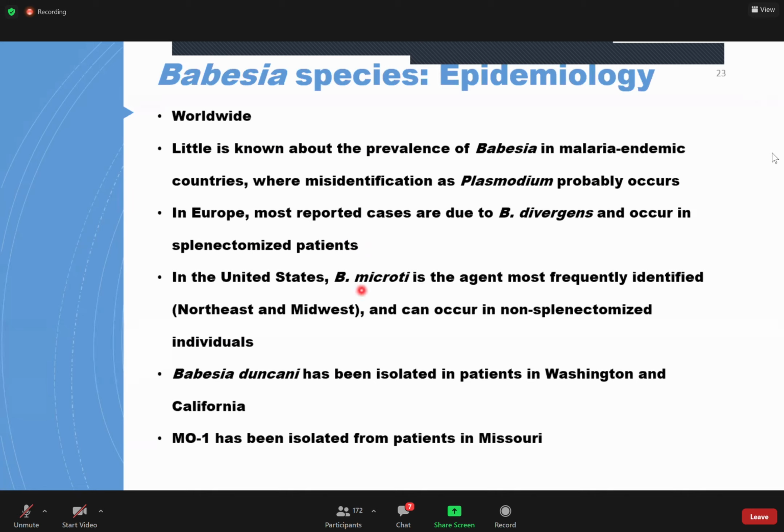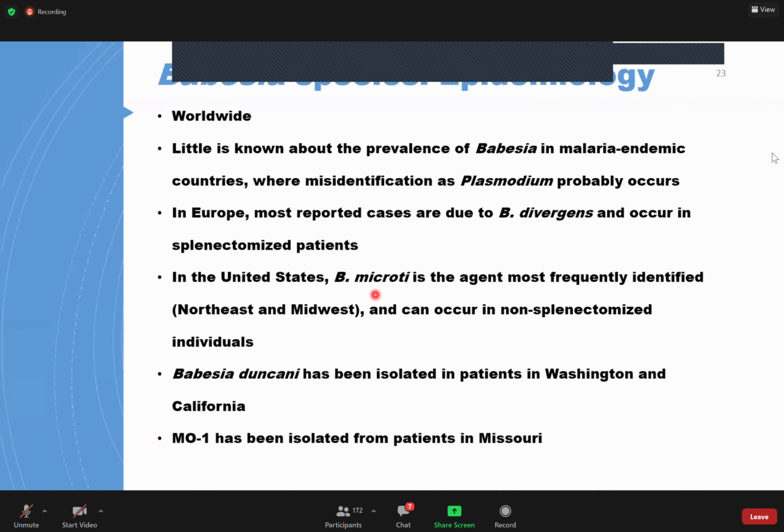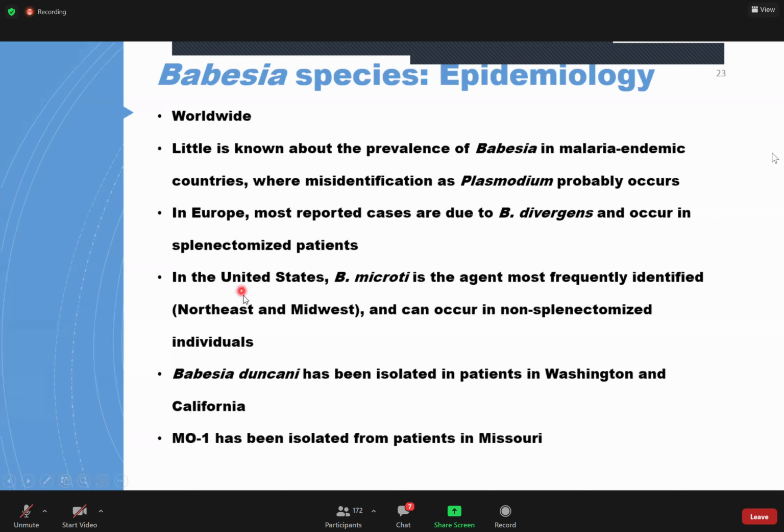In the United States, Babesia microti is the agent most frequently isolated, and it's associated with the northeast and midwest states. It can also cause infection in non-splenectomized patients. That is, this particular species is a little bit aggressive.